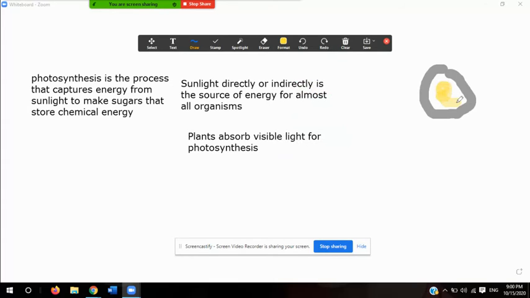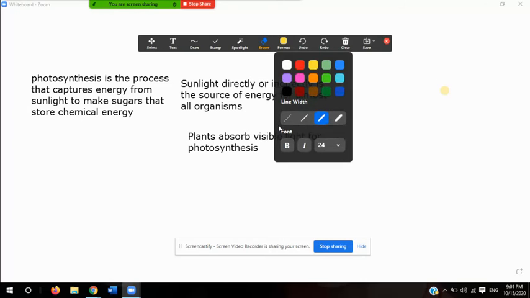But that, ladies and gentlemen, is not the case. Let me erase this and draw the sun right. The sun is not really yellow.